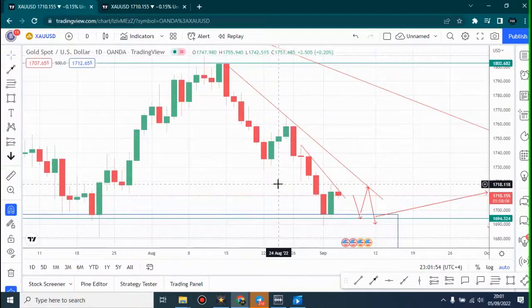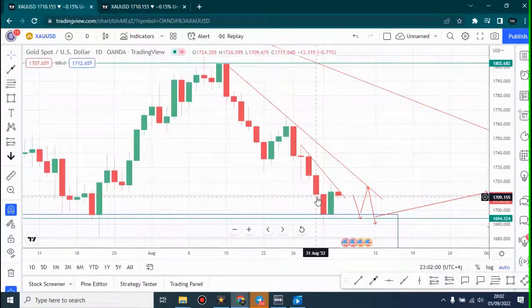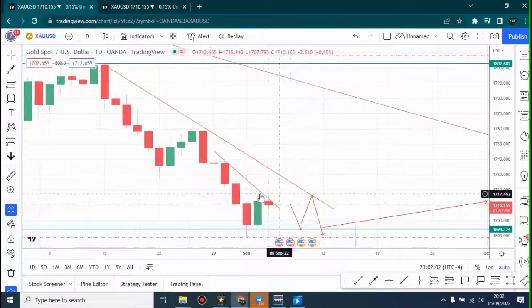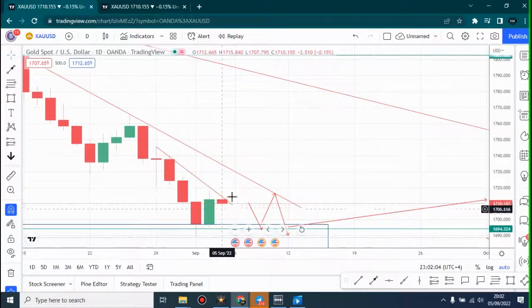And if gold decides to go bearish, then we are going to trade in the bearish direction. So let's see how this daily candle is going to close for the next day. Then we can know the exact direction of gold.